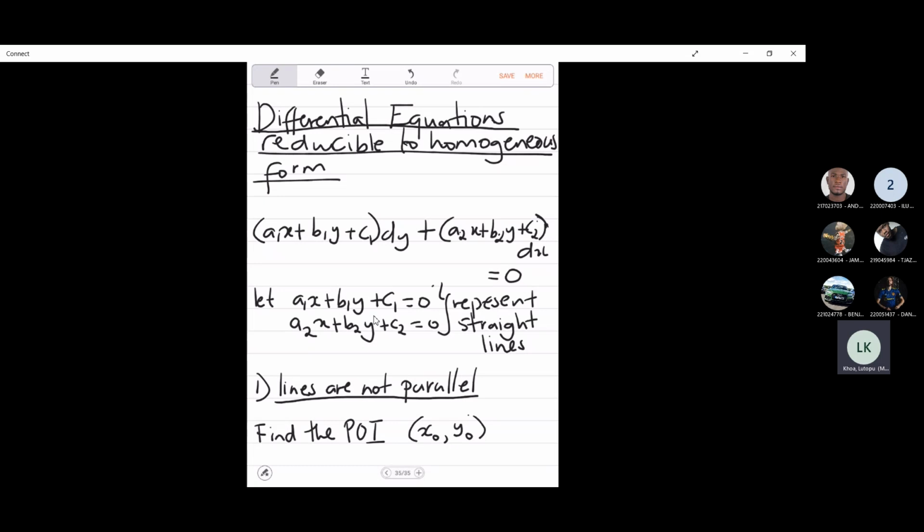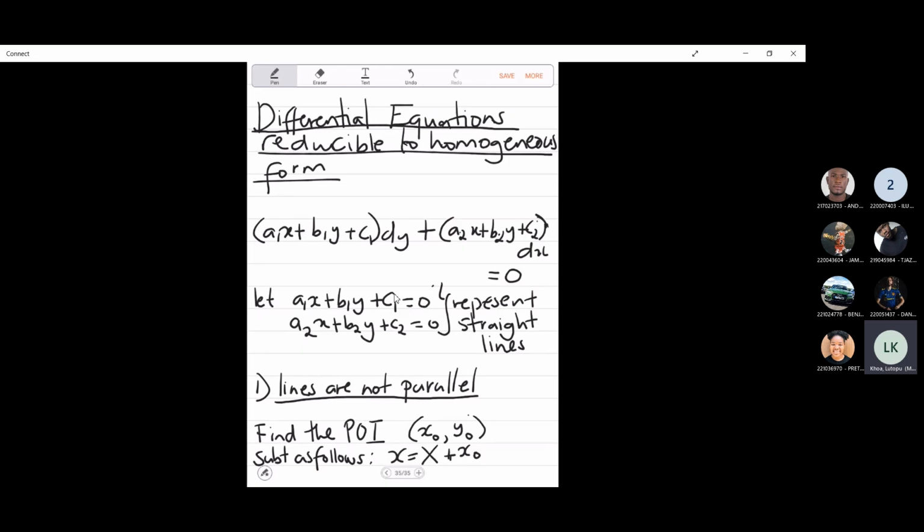Then we make a substitution. So substitute as follows. We say x is equal to this big X plus x naught. So the x that we have over here, we are going to replace it with this capital X plus x naught, and this is the x coordinate of the point of intersection.